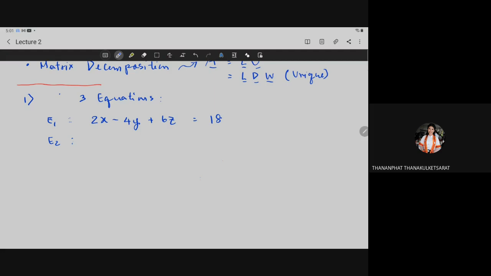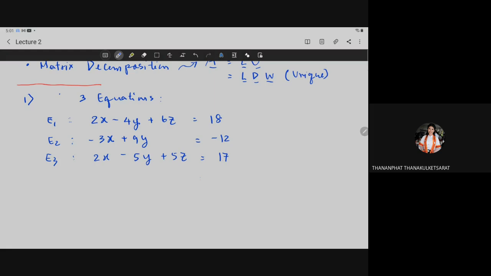It's not like usual. For equation 2, let's say we have minus 3x plus 9y equal to minus 12. And equation 3, let's say we have 2x minus 5y plus 5z equal to 17.